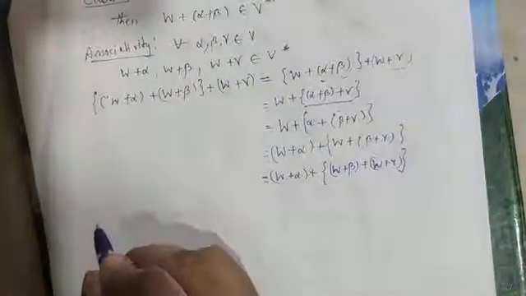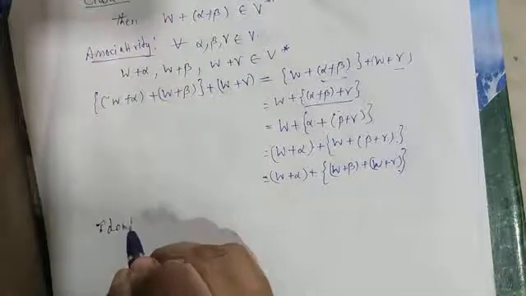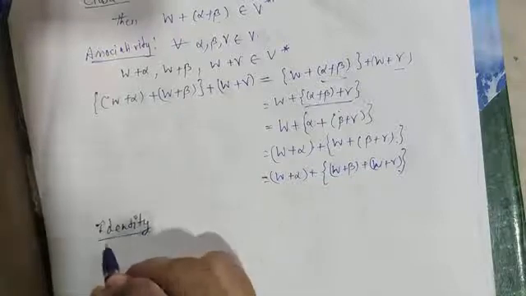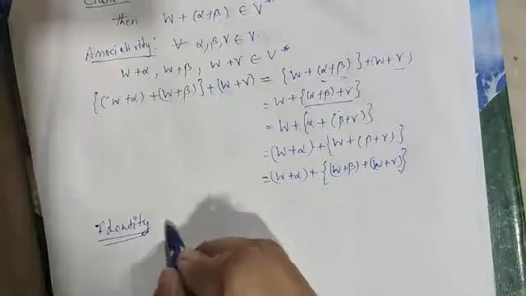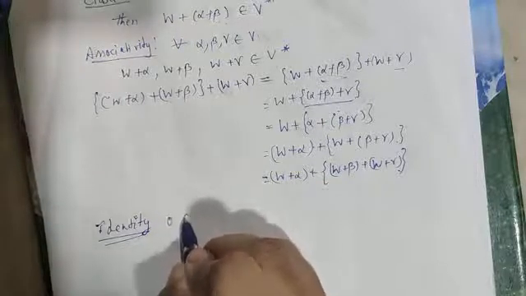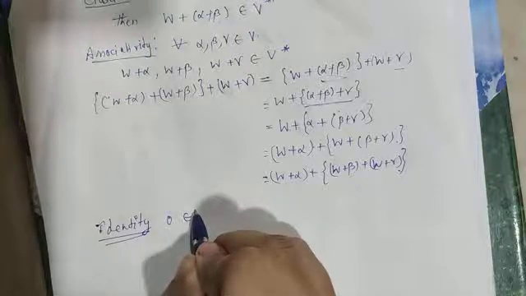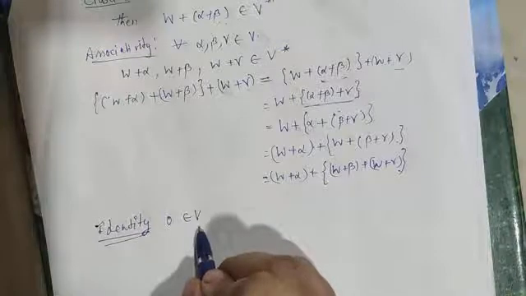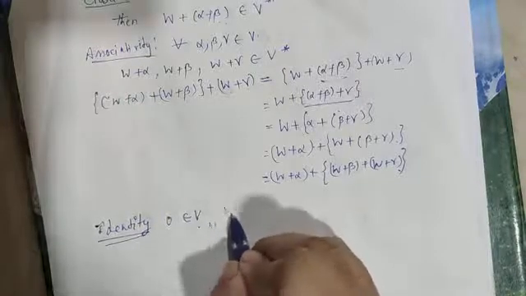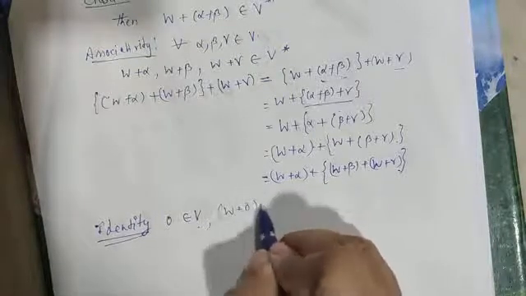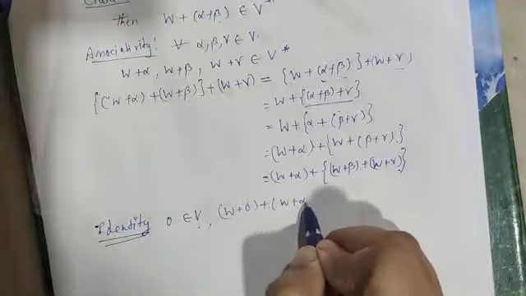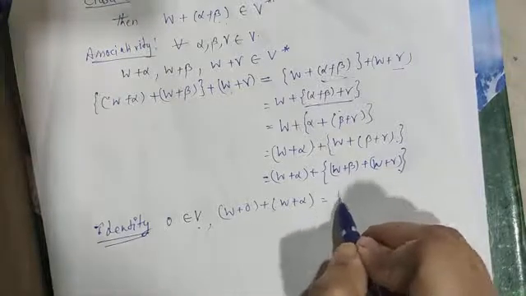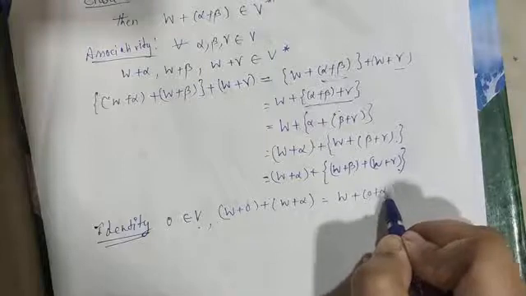Next, existence of identity. Now if 0 is vector of vector space V, then we have W plus 0 plus W plus alpha equal to W plus 0 plus alpha.